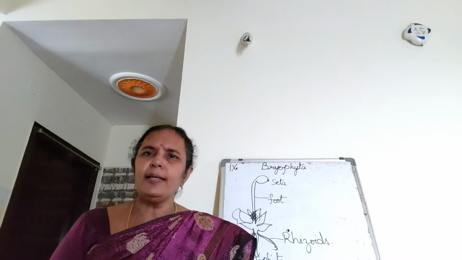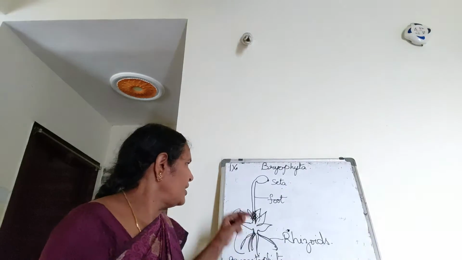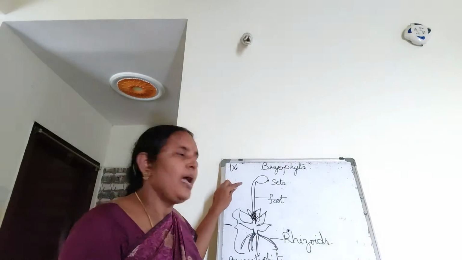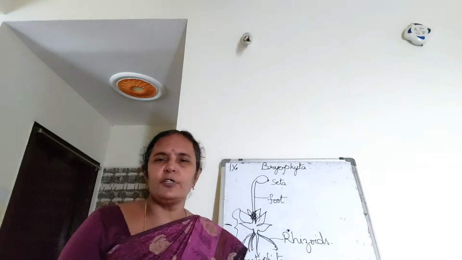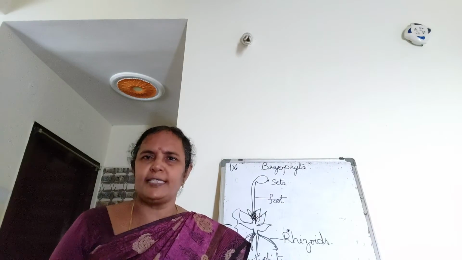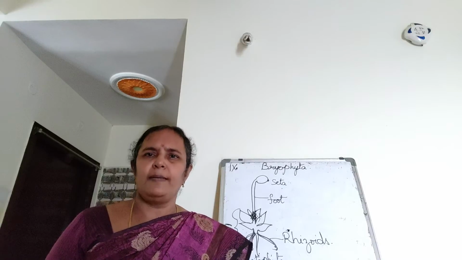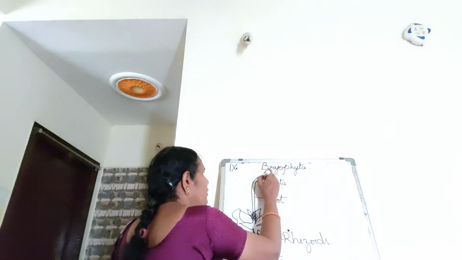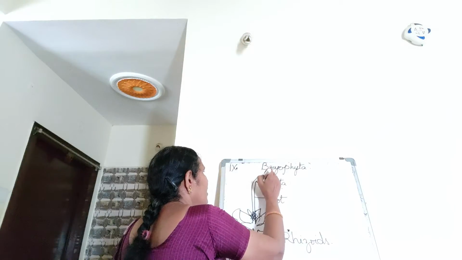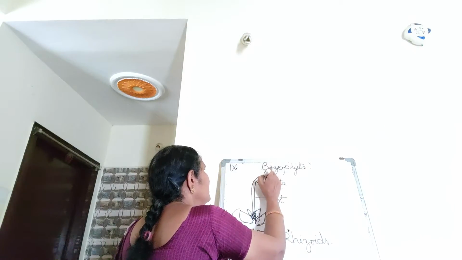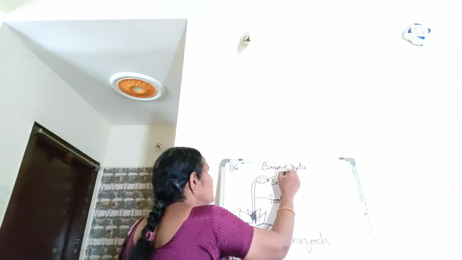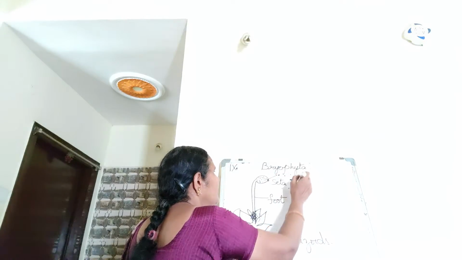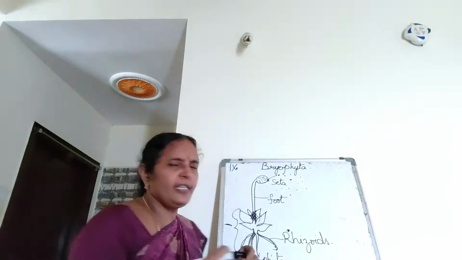The male and female gametes fuse and give rise to this foot, and at the end of the foot there is a capsule or seta or capsule. In this seta or capsule there are spores. When this capsule bursts open, these spores are released into the air. They reach the ground.